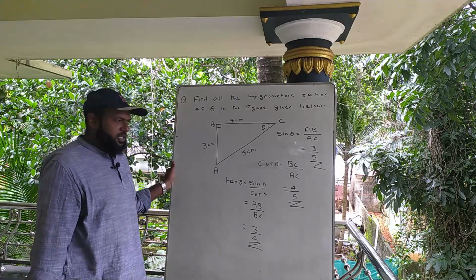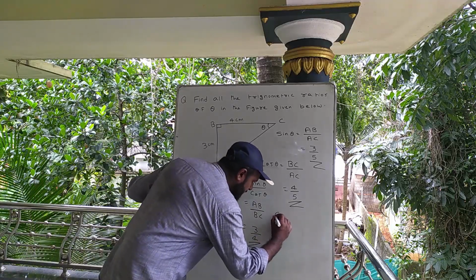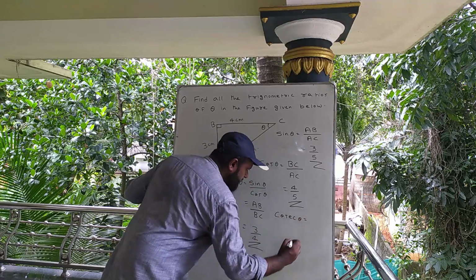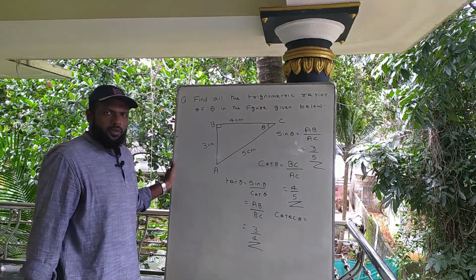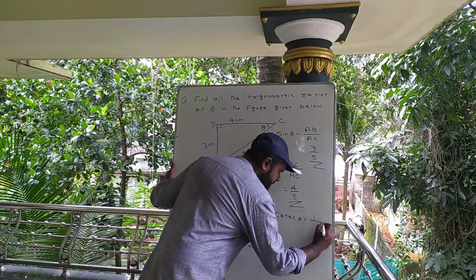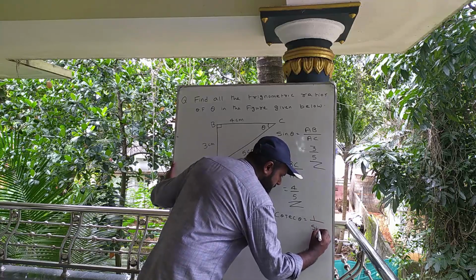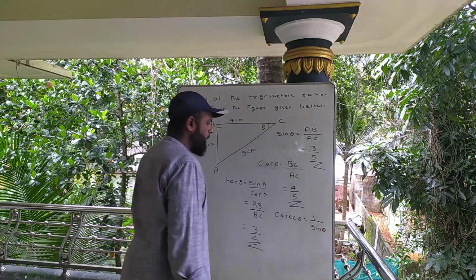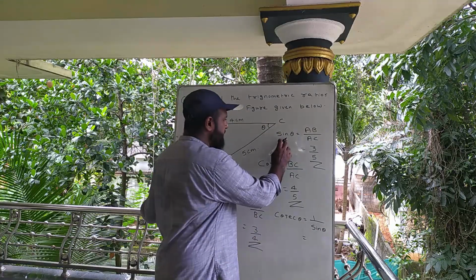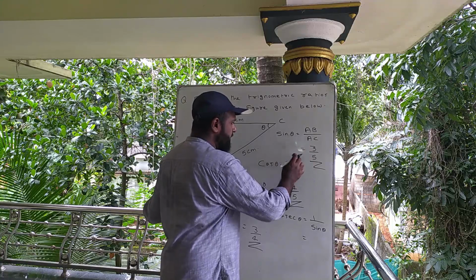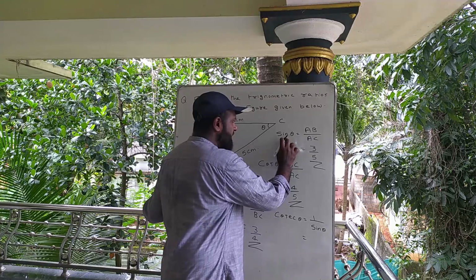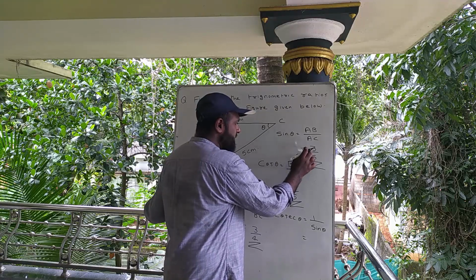We can find what is cosec theta. Cosec theta equal to the reciprocal of sin theta equal to 1 by sin theta. What is sin theta here? Sin theta is 3 by 5.